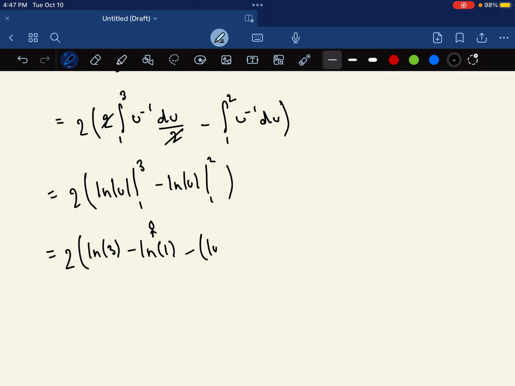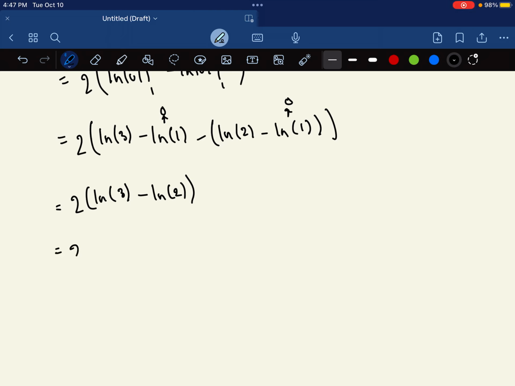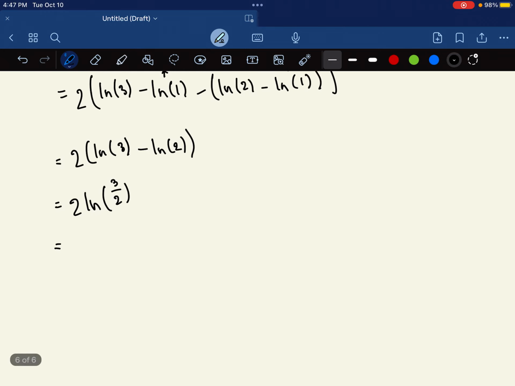So this is equal to 2 ln of 3 minus ln of 2, which is equal to 2 ln of 3/2, which is equal to ln of, bring the square in, 9/4. And that is our answer.